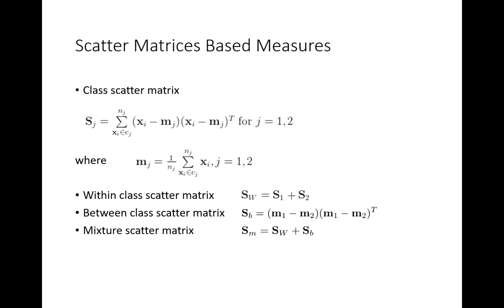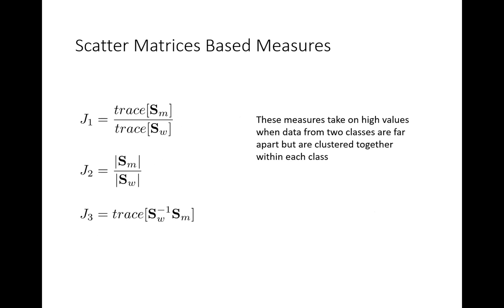So SB is simply measuring, in some sense, how far the mean vectors are. And one can also define a mixture scatter matrix, which is the sum of SW and SB. These three matrices are pretty useful in a number of things, and they are also used in evaluating different features.